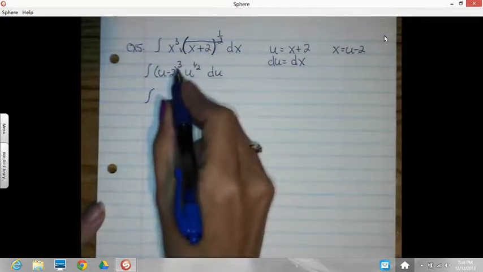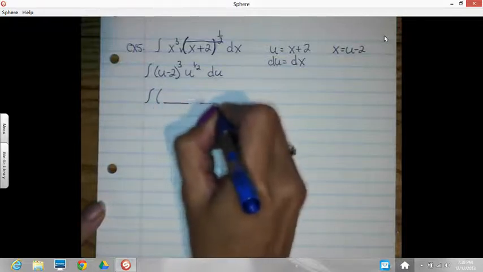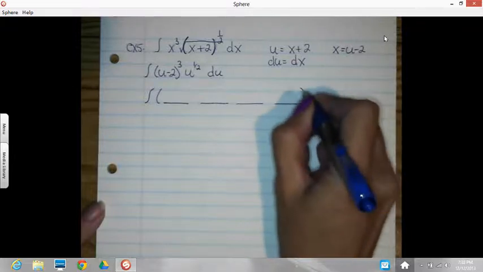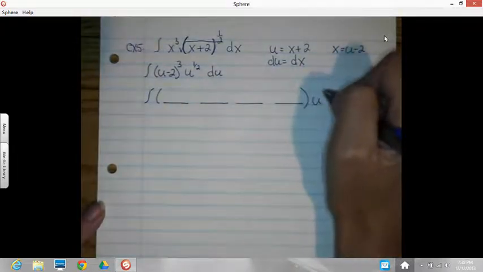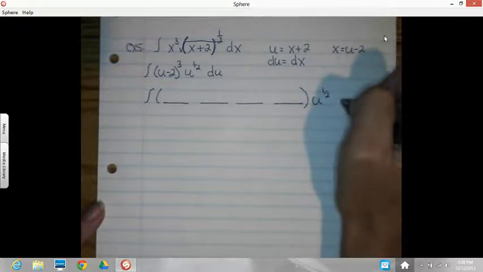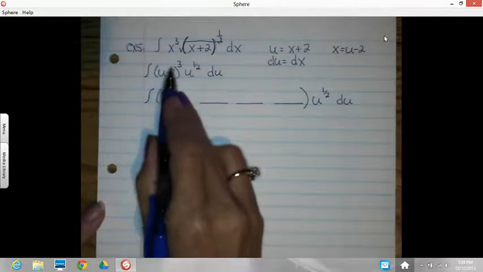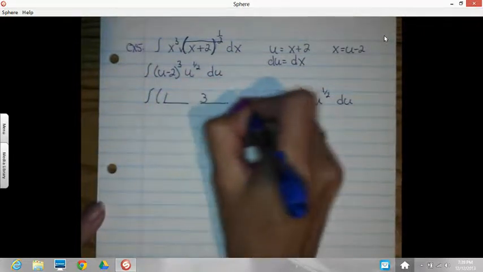So we know we're going to have 4 terms. 1, 2, 3, 4. And then I will still have this u to the 1/2 outside the parentheses that's got to get distributed after I expand. So the u is my first term, so I start with u cubed. Oh wait, see, I forgot to write 1, 3, 3, 1. I forgot the multiplier row on Pascal's, for goodness sake.